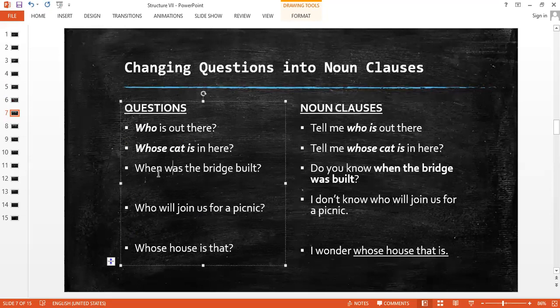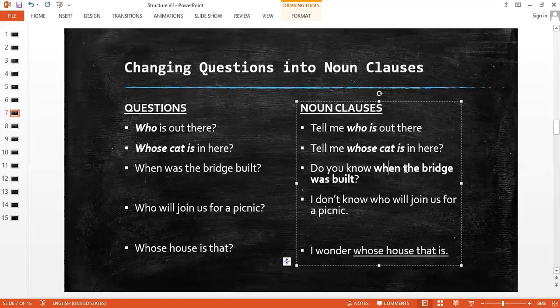Okay, actually, when a sentence or a question becomes a clause, we have to know that the formula is also changed. "When was the bridge built?" It is a question, where "when" is followed by to be, then the subject. But when the question becomes a noun clause, it is changed. Do you know when here?